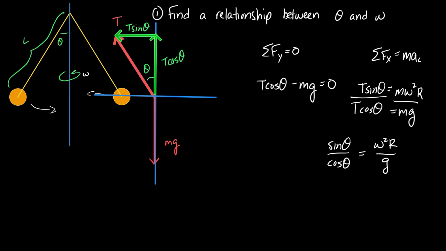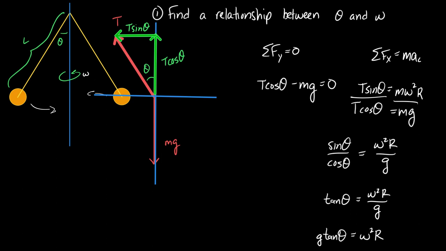This is pretty close to having omega in terms of theta: tangent theta equals omega squared R over g. I can multiply both sides by g and get g tangent theta equals omega squared times R.